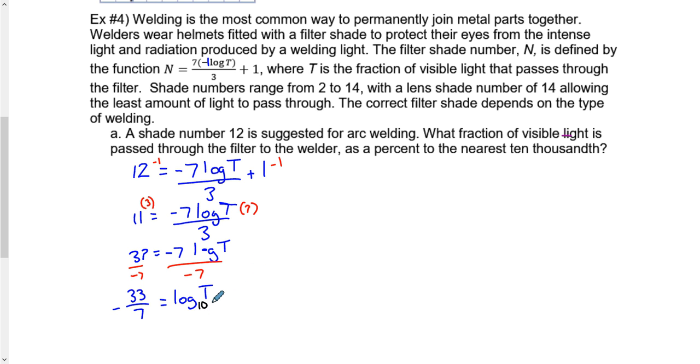So in order to solve for t, we use our inverse: 10 to the power of negative 33 over 7 equals t. So 10 to the power of negative 33 over 7. I might have to put some brackets on there to make sure it actually works.